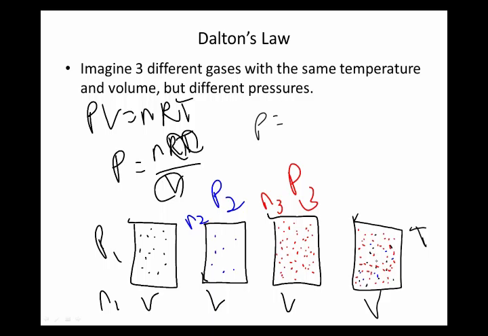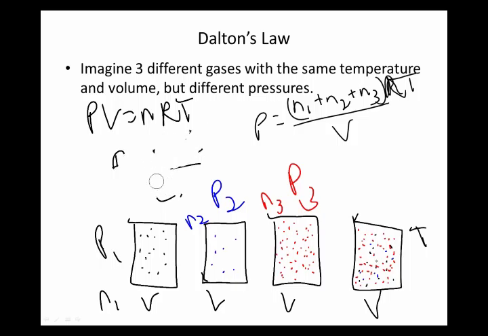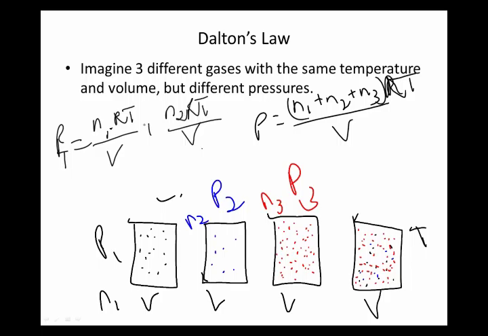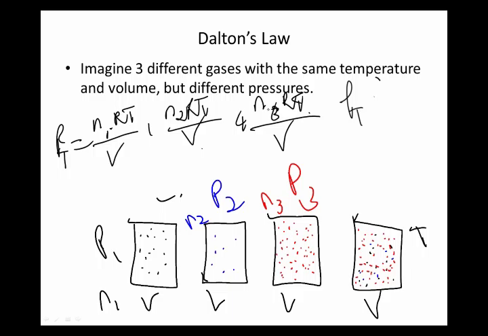So I'm going to take N1 plus N2 plus N3 times RT over V. Well, I could break this up into P total equals N1 RT over V plus N2 RT over V plus N3 RT over V. And what this really is, this is just P1 plus P2 plus P3.